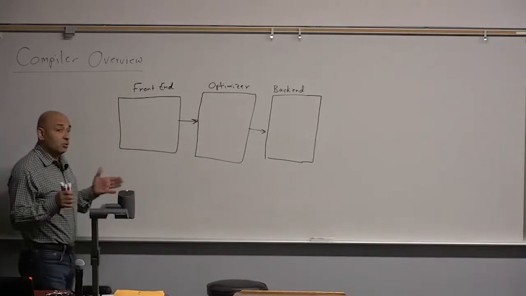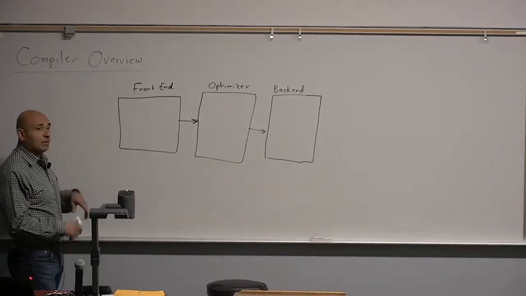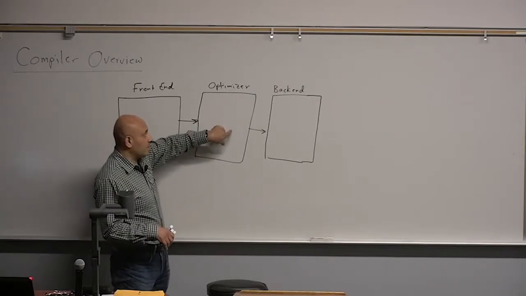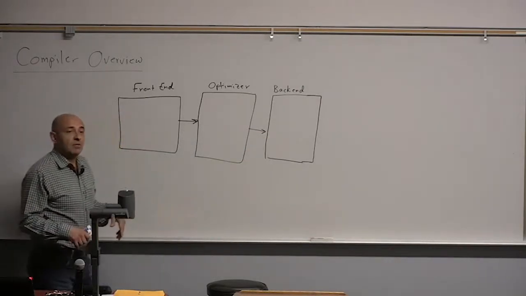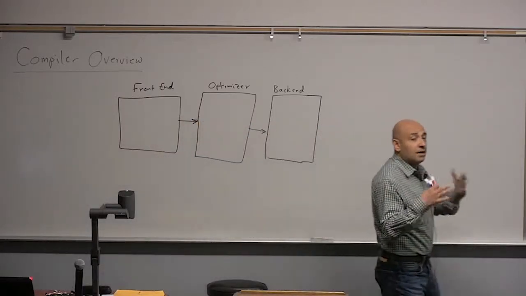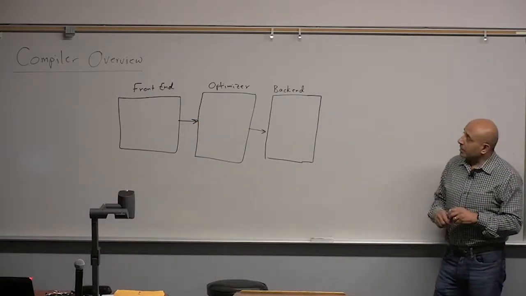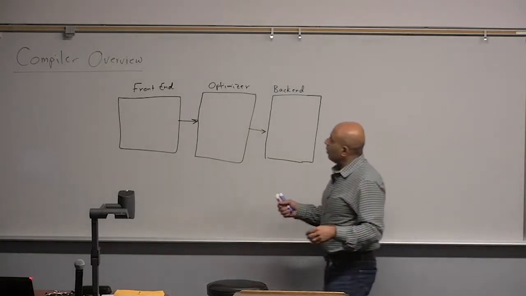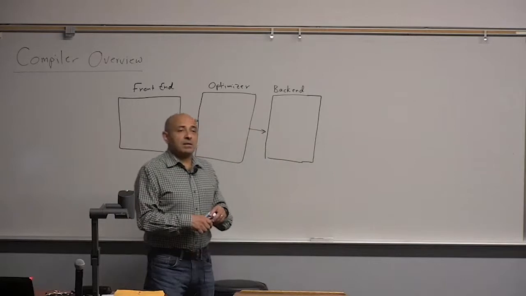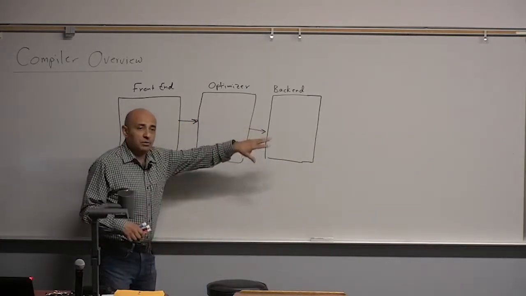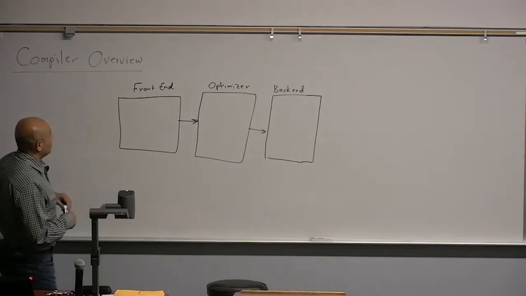Some compilers do have 3 different executables: one executable for the front end, a separate executable for the optimizer, and a separate executable for the back end, and they are all linked together. There is a driver that connects them together and wraps the whole thing. But other compilers may have a different design. So this is just a conceptual view of compilers.